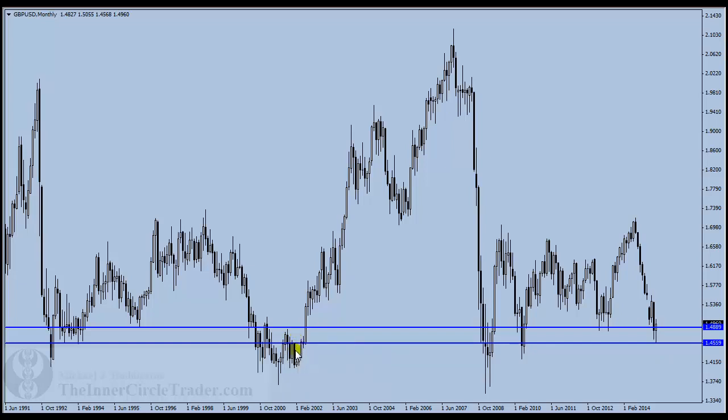This is suggesting that this in here is what would be deemed an institutional price level for trade. Not an institutional price level like the 80s, 20s, 50s, and evens like we talk about. But what I'm saying is this is a good level to anticipate actual trade entries at, because there's a lot of activity around that particular price level. And you can see that they were in fact interested there because it took off and then never came back for a long period of time, many years actually.